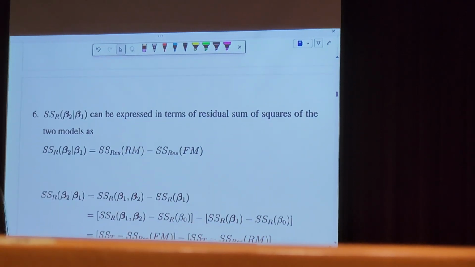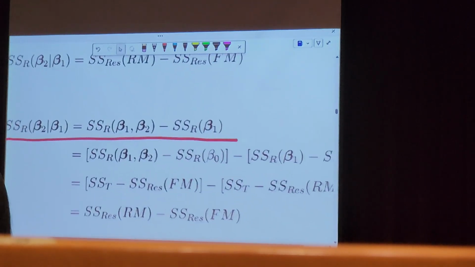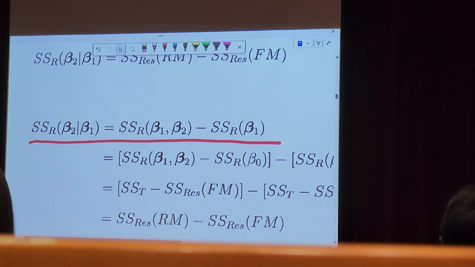I have given you a formula here. According to our notation, SSR beta 2 given beta 1 is the sum of square regression due to all the betas, subtract sum of square regression due to beta 1 alone. So we are trying to find out whether the introduction of beta 2 causes a big increase in the regression sum of square or not.